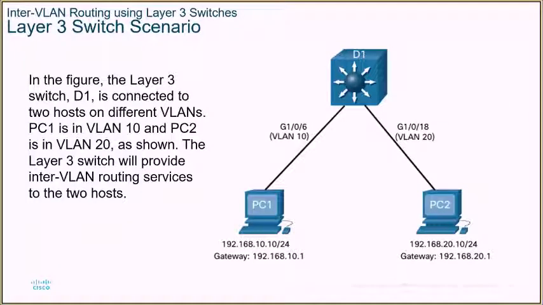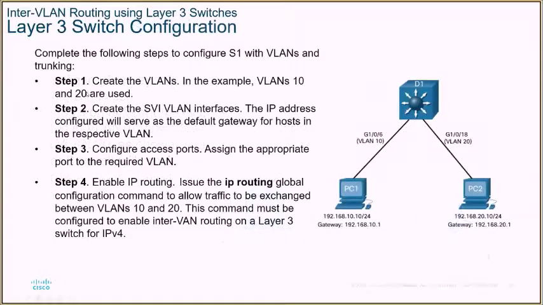Okay, so here we have two hosts hooked into the one switch. They're still on two different VLANs, but as long as this D1 is configured properly, they'll be able to talk to one another. So you need to create the VLANs again. VLAN 10 and 20 are still required. You then need to create the SVIs on D1, and of course they need to have addresses from different subnets.